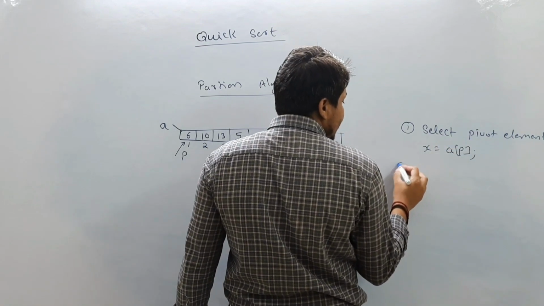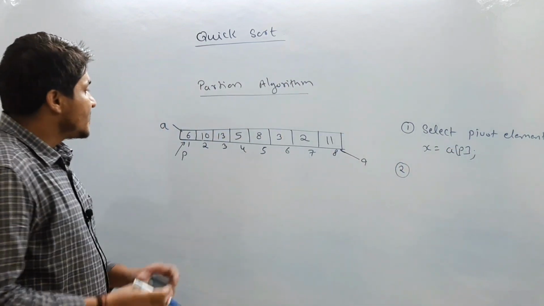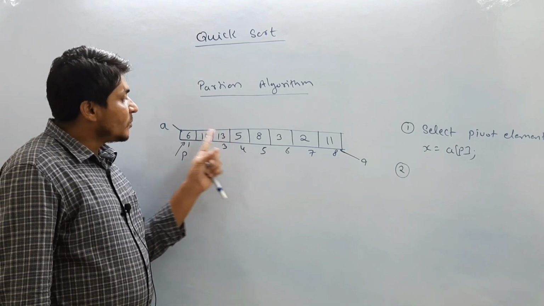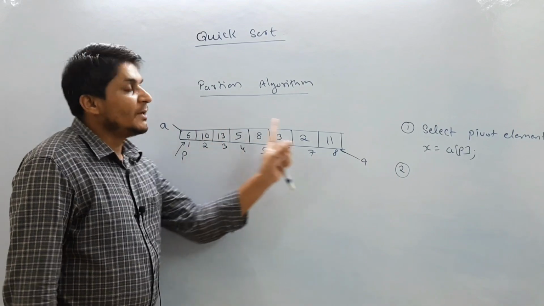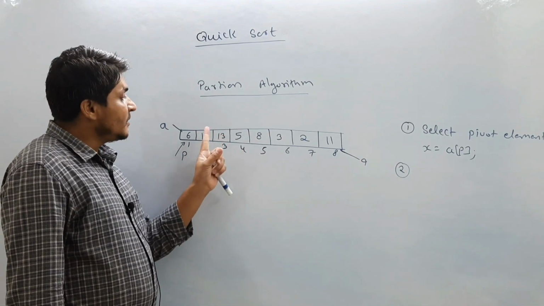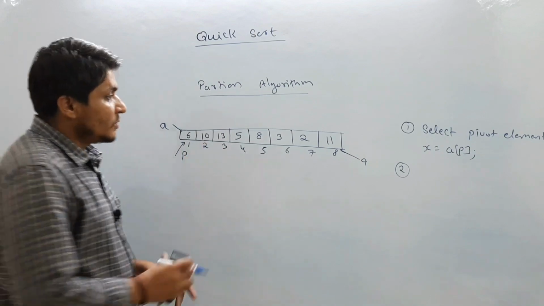Now what is the second step? Once after selecting the pivot element, we need to find any element which is smaller than the pivot element, from the second element onward.